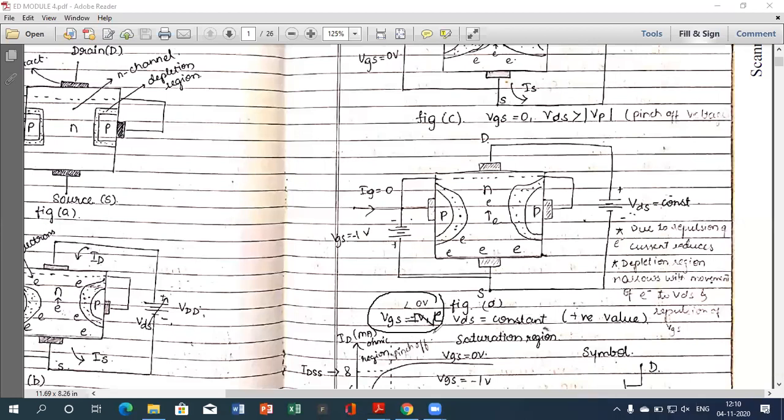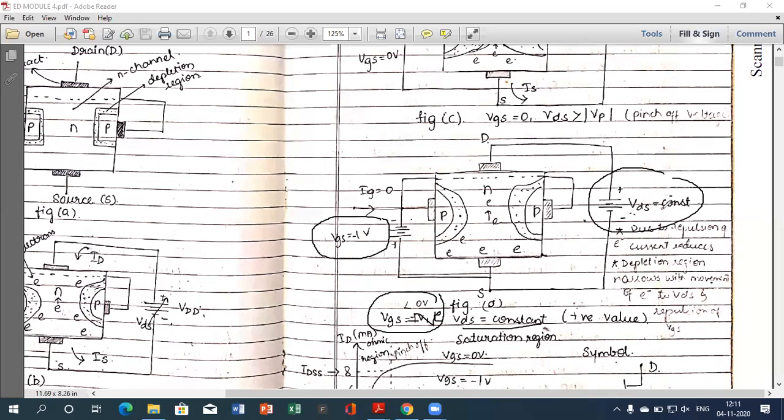So if VGS becomes less than 0, that is negative, and keeping VDS constant. Now in this figure D, I will keep this VDS constant at a particular value, and then I will make VGS less than 0, meaning a negative value like -1, -2, -3.